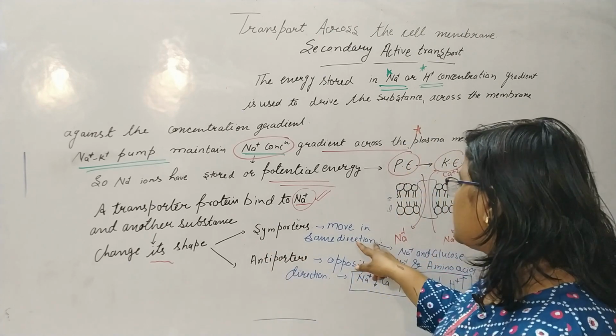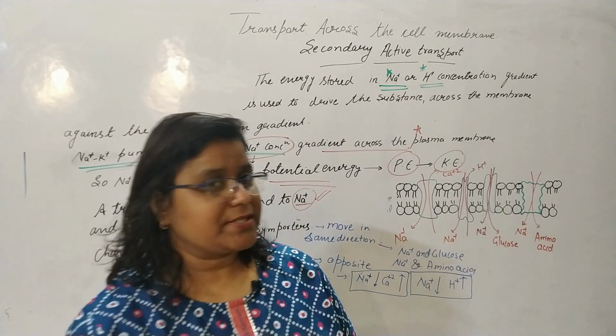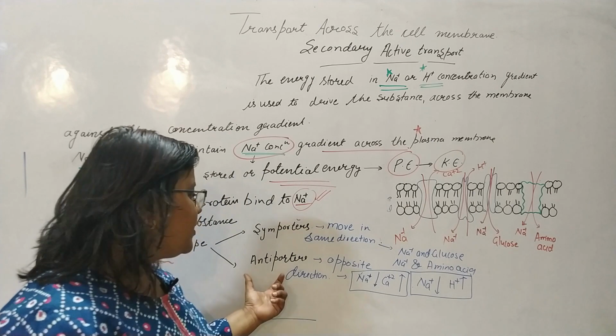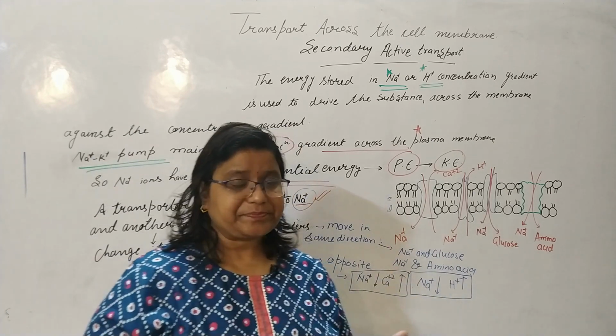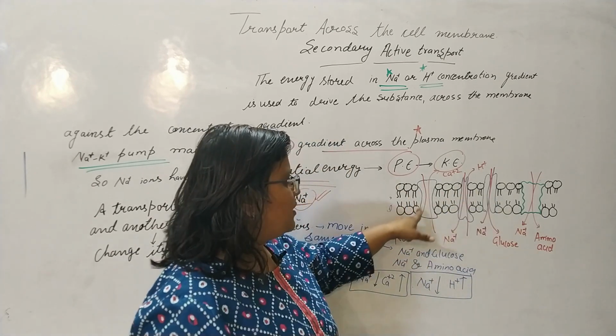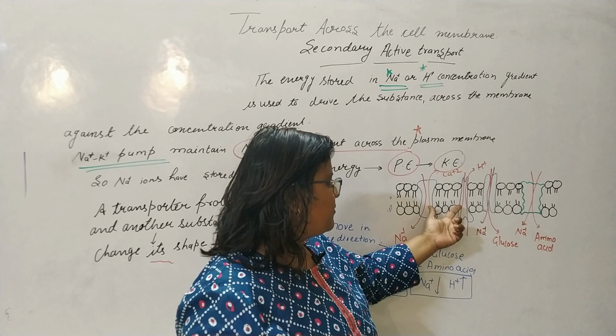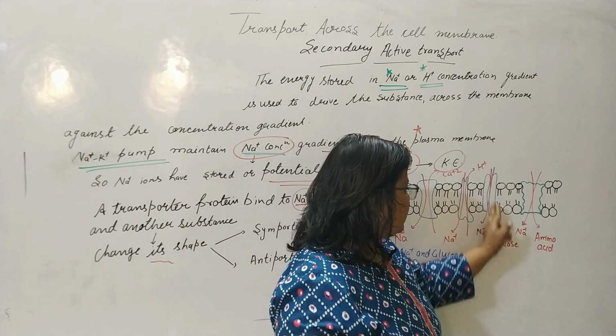In the symporter mechanism, two ions move in the same direction, like sodium and glucose, sodium and amino acid. And if they are moving in the opposite direction, it is sodium and calcium 2+, sodium and H ion. So I am representing this with a diagram also. Here is the plasma membrane, and here I have shown some transporter proteins.